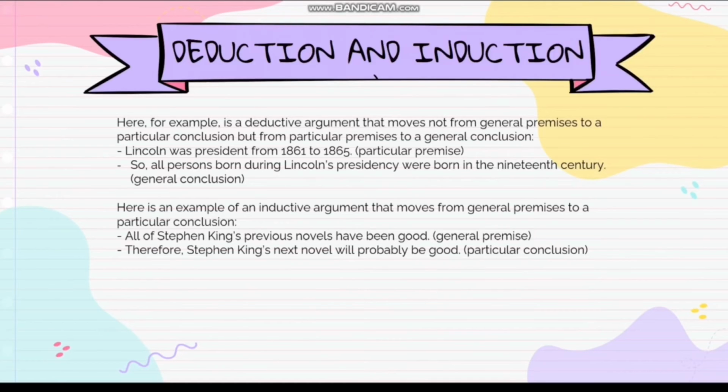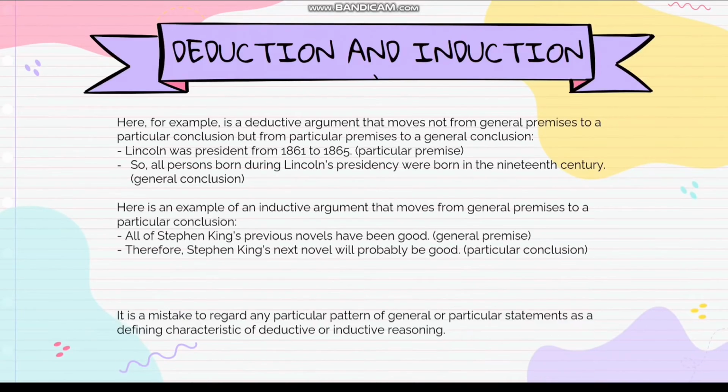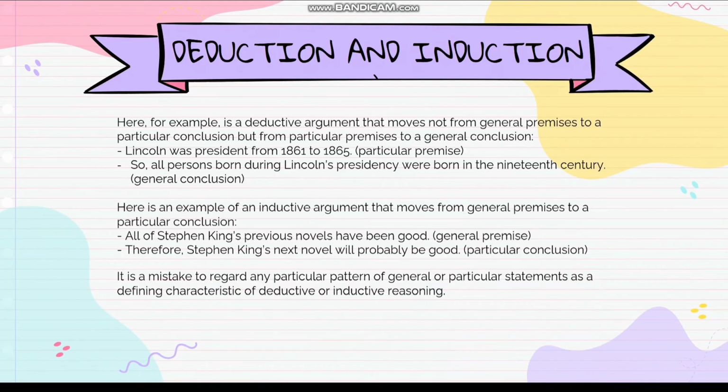This is a particular conclusion. In fact, it is possible to find examples of any possible combination of general or particular premises or conclusions in deductive or inductive arguments. It is a mistake to regard any particular pattern of general or particular statements as a defining characteristic of deductive or inductive reasoning.